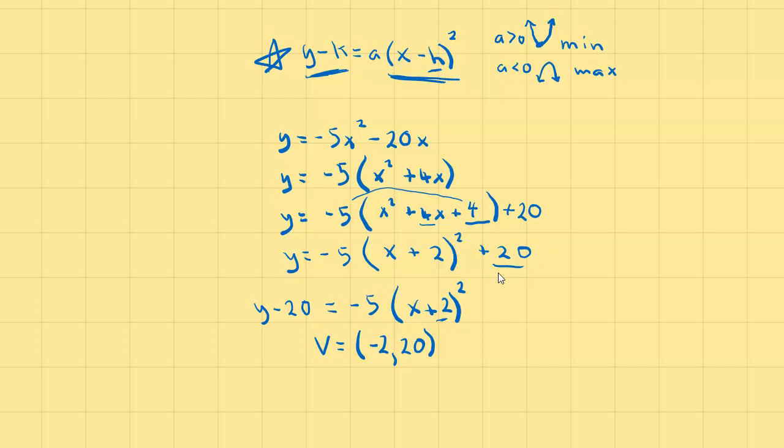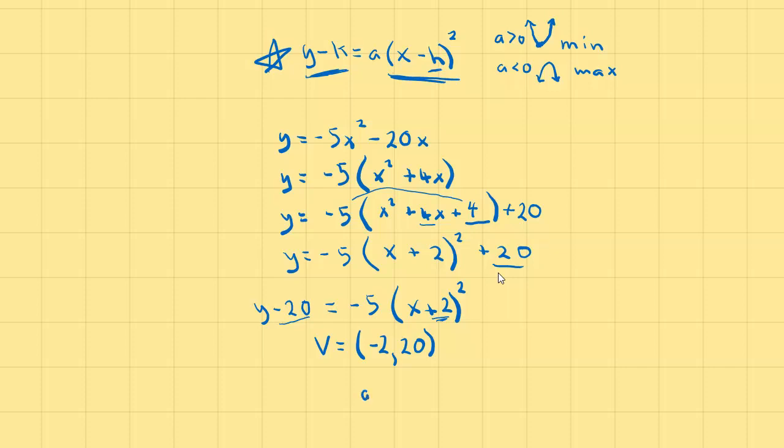Okay, in short, you're putting the opposite of what it is for the vertex. So if it says plus 2 here, then you know that the x-coordinate of the vertex is negative 2. Okay, same with the minus 20. Here it says y minus 20. Well, you can think of that as negative 20, so we're going to use the opposite of that, which is 20. So that's why the vertex is negative 2, 20.